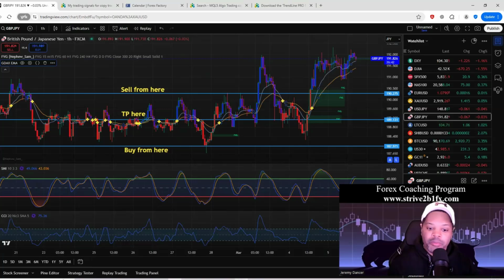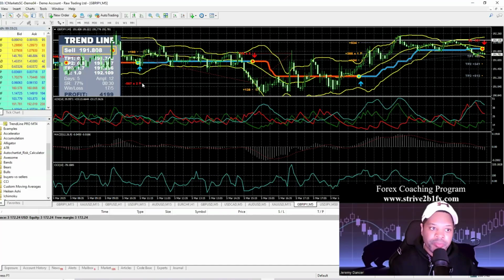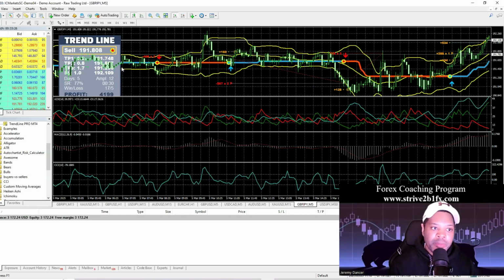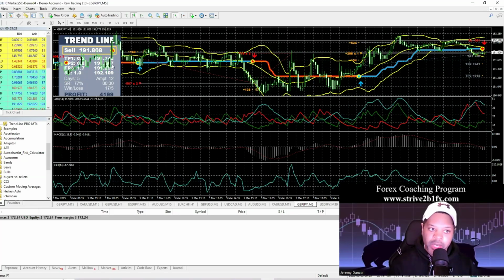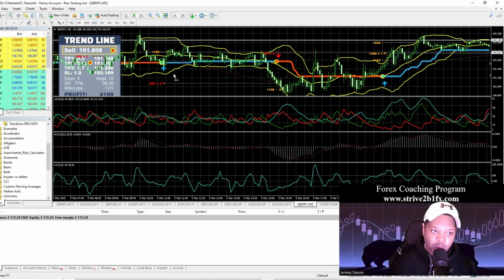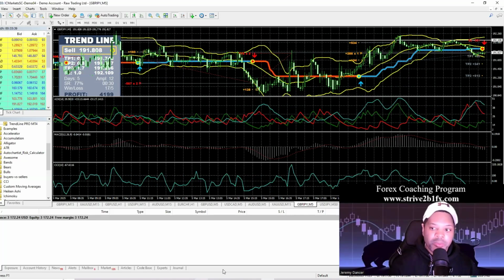I already know based off of the Trendline Pro, the TP1 is 191.748 and all the way down to 191.296. So those are my numbers. If you follow a group, a lot of them will have different take profits and different stop losses and things like that. A lot of them use indicators that are similar to this.